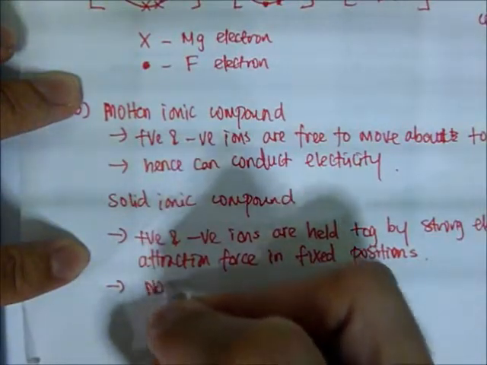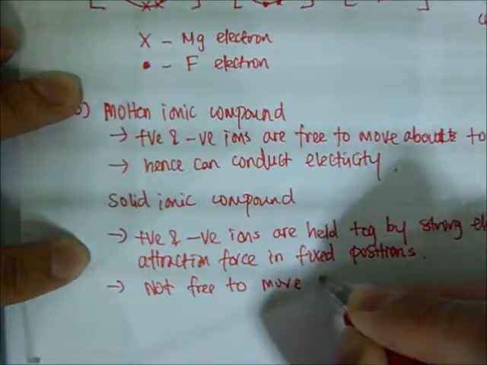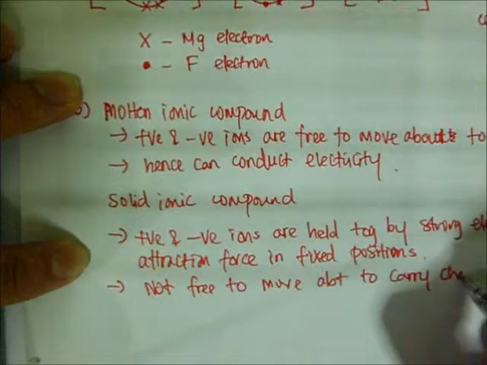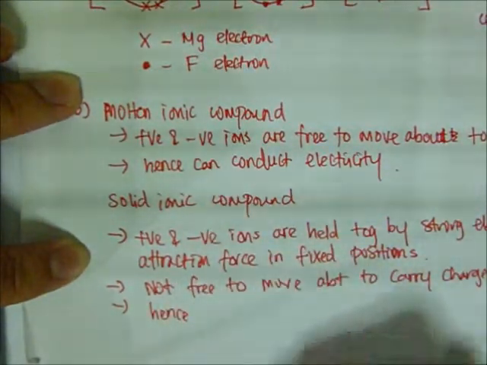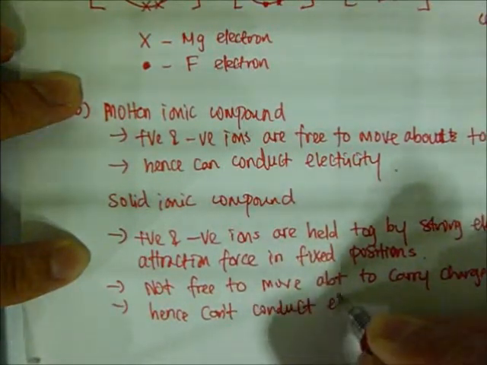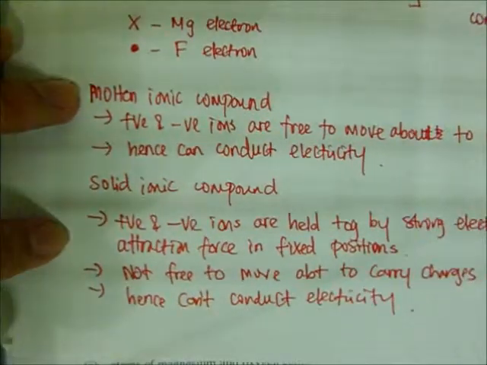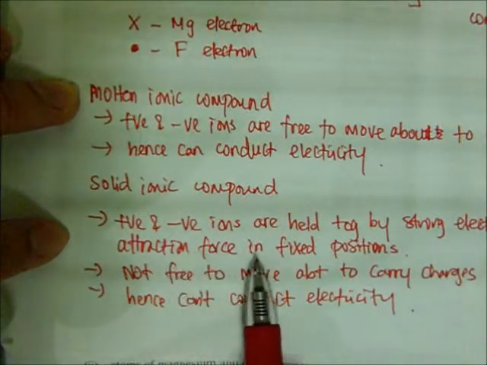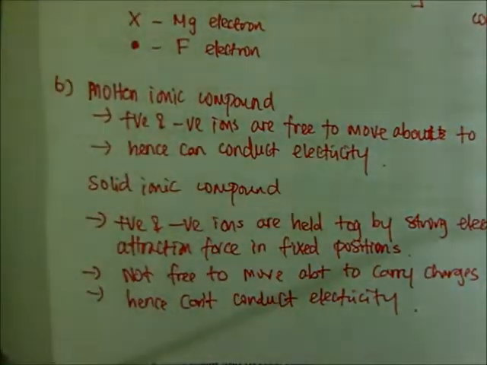So not free to move about, to carry charges. Hence can't conduct electricity. Okay, so these are all the key points. Solid ionic compound, positive and negative ions are held together by strong electrostatic attraction force in fixed positions, not free to move about to carry charges, hence can't conduct electricity.